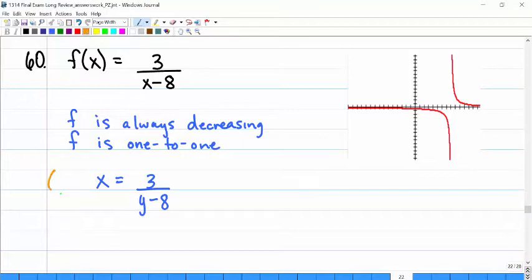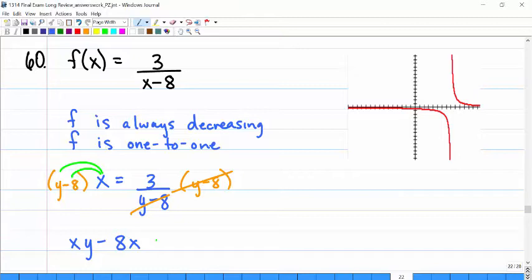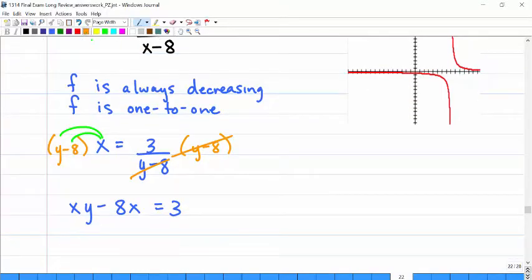I need to multiply both sides by y minus 8. I see that it cancels on the right-hand side. When I distribute the x on the left, I have xy minus 8x is equal to 3. Then I want to add 8x to both sides, and I get xy equals 3 plus 8x.